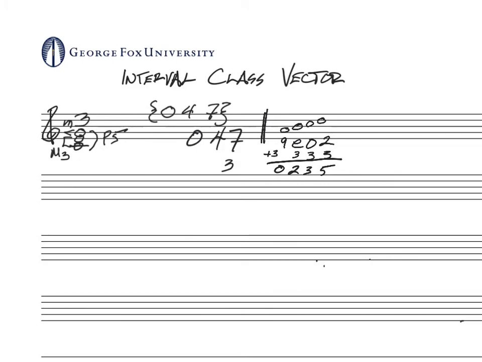Now, let's do the same subtraction bit that we did a moment ago. 0 from 2 is 2, 3 minus 0 is 3, 5 minus 0 is 5, 3 minus 2 is 1, 5 minus 2 is 3, and 5 minus 3 up here is 2.